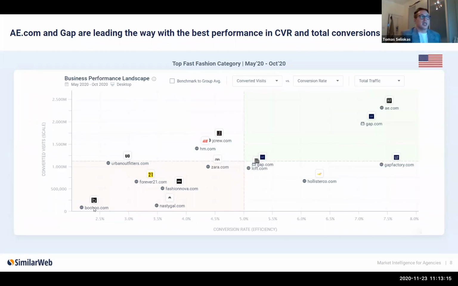So again, we can look at who are the biggest ones in terms of conversions during that period. And again, we have American Eagle, Gap, and J.Crew leading the way. And we can also already see that J.Crew's growth led it to third place now, when it wasn't even close to third place in the category before. And just to reiterate, we're looking at converted visits and conversion rate.